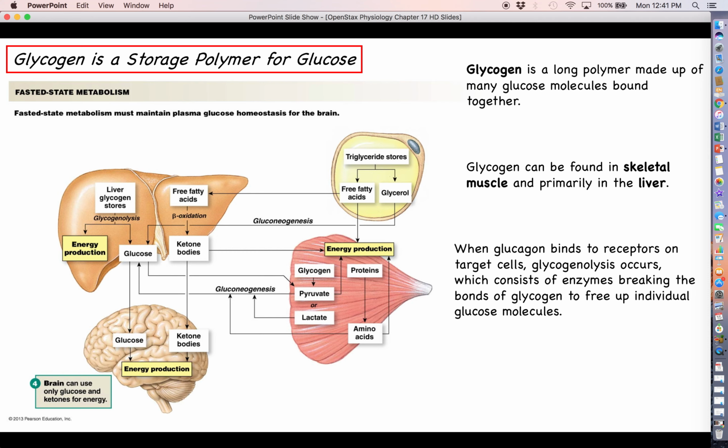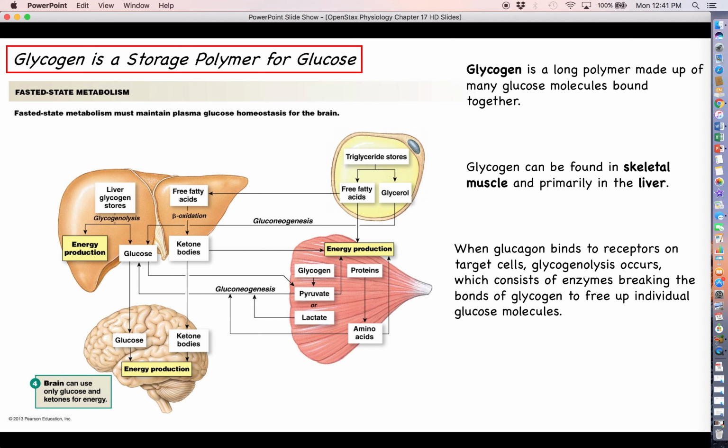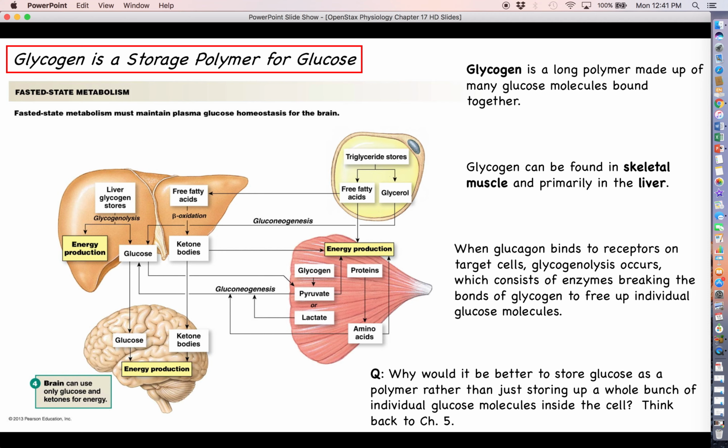So when glucagon binds to receptors on our target cells, we stimulate glycogenolysis by activating some of those enzymes that chew up the glycogen. This should free up individual glucose molecules, and we can export them out to get them into the blood to increase our blood glucose levels.